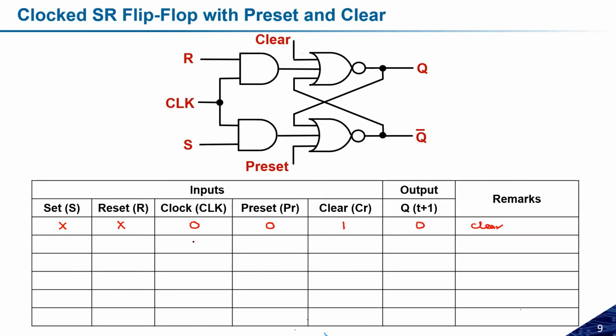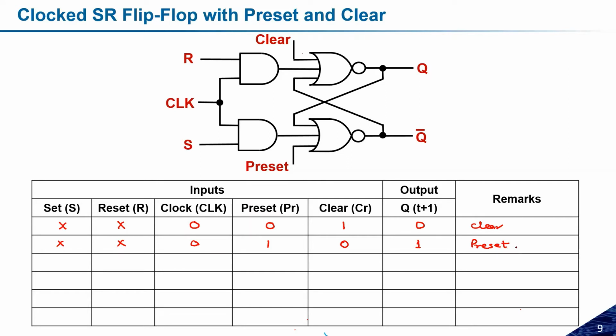Let us assume the clock pulse is equal to 0 and the set and reset are don't care conditions. I have preset it, I have clear equal to 0. In that case, Qt plus 1 will become 1, and that is nothing but the preset. Just check it out and you will get the same.